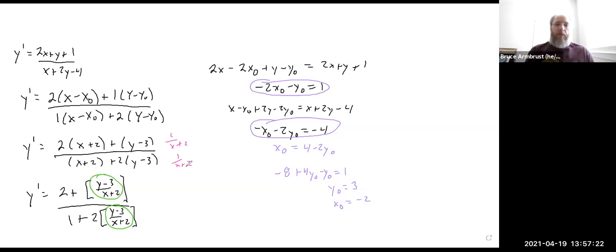What if we call big Y little y minus 3, and big X little x plus 2? The derivative of big Y and big X is the same as the derivative of the smaller ones. Those constants don't do anything. And so now we're in that y over x form.